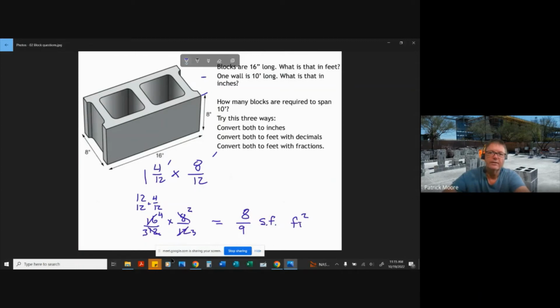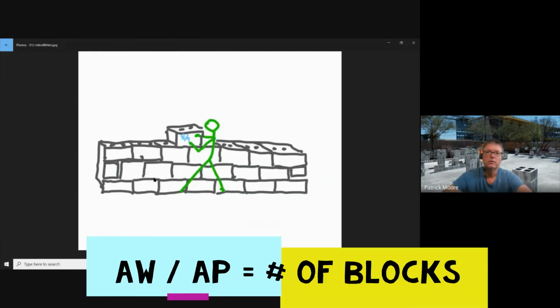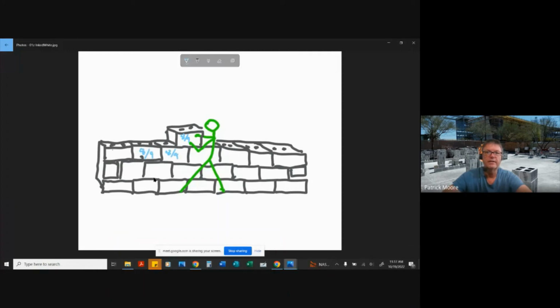So the area of this face in feet is 8/9 of a square foot. 8/9 is less than 9/9, so it's less than a square foot. That's what we found out before. So each of these blocks is going to be 8/9 of a square foot.